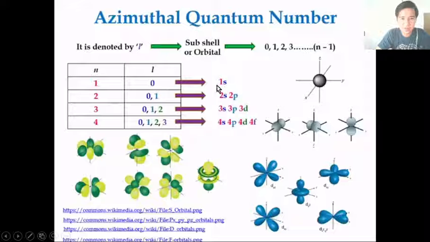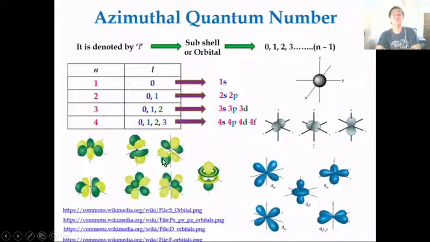So that is why here it will be 1s. Why 1? Because 1 is the principal quantum number, right? So 1s. How about this one? 2s and 2p. Why? Because the principal quantum number is 2. So this is 2s, 2p. If n is equal to 3, that will be 3s, 3p, 3d, because 0 is s, 1 is p, 2 is d.